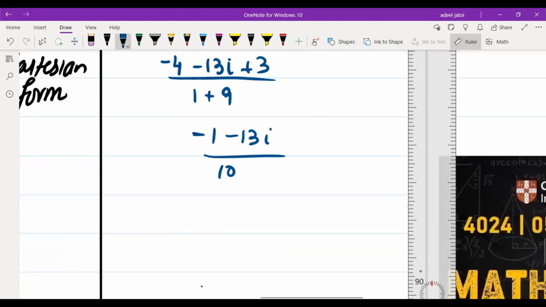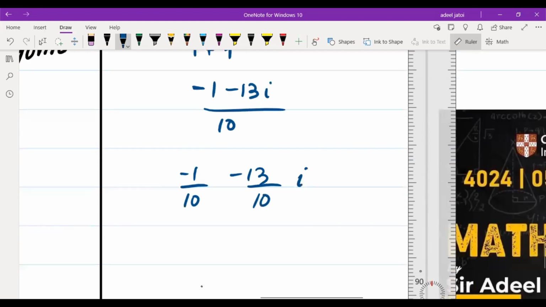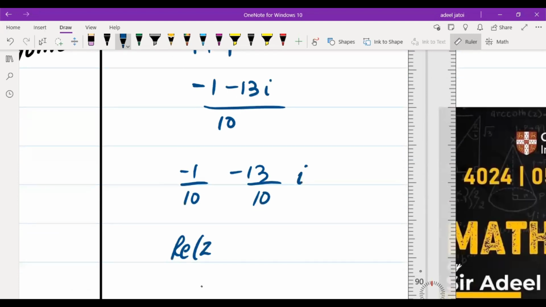But we will always write this as real value of z and imaginary value of z. So the answer for this will be, for real value, minus 1 upon 10. For imaginary value, it is minus 13 upon 10 iota.